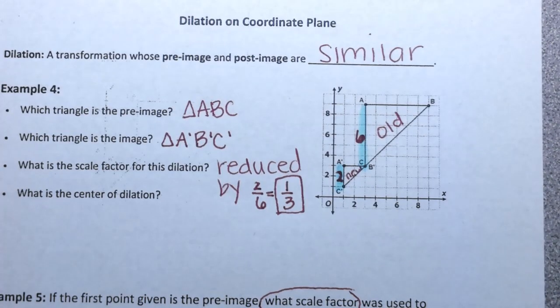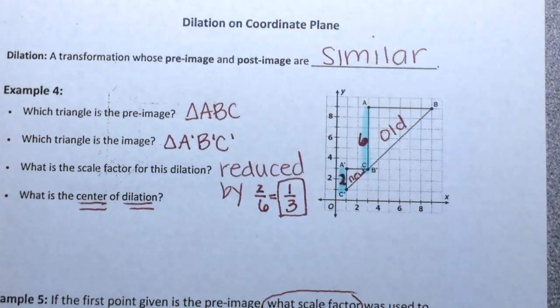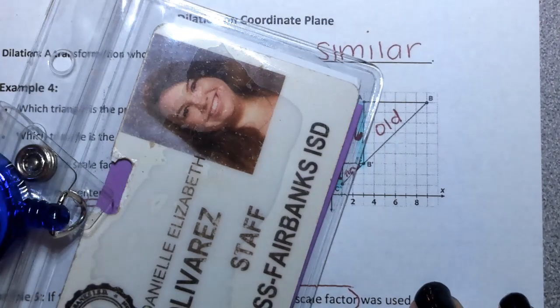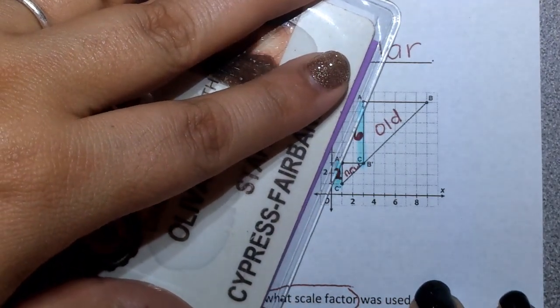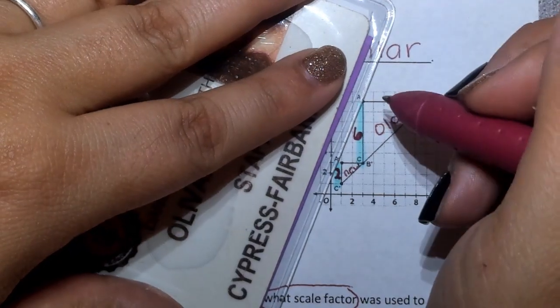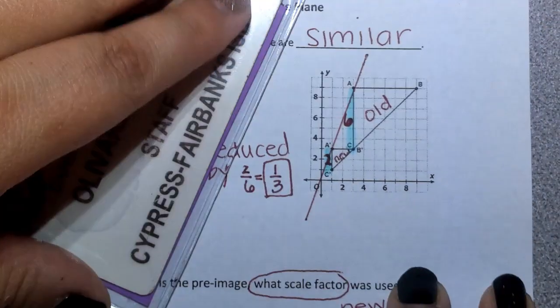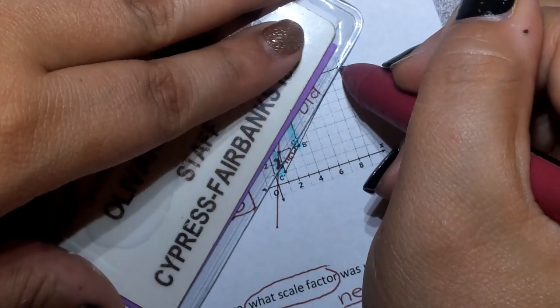Okay. Can you please grab your badge? Grab your badge. To find the center of dilation, you are going to draw a line. You are going to use your badge and connect your A's. And draw a line through the entire graph. Then use your badge, connect your B's.